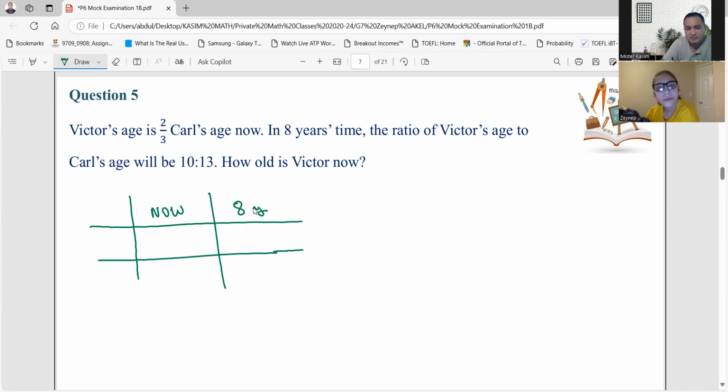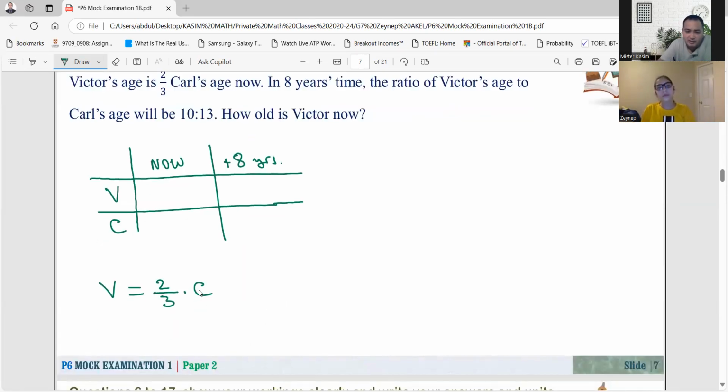We are talking about Victor and Carl. Victor's age is 2/3 of Carl's age, and this C is multiplied. If you take this to the left-hand side, I will get this equation: V over C is equal to 2/3.